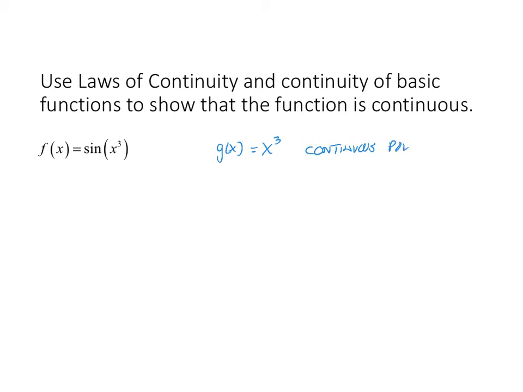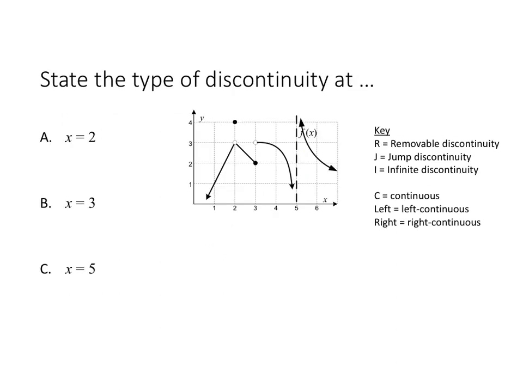And we were told that all polynomial functions are continuous. We know that f of x is continuous if we call f of x sine of x. Continuous because it's a trig function. And finally, we know that the composition of them is continuous because they're both continuous over their whole domain.